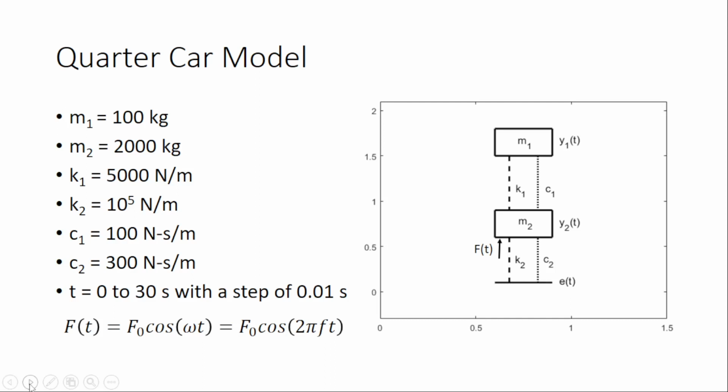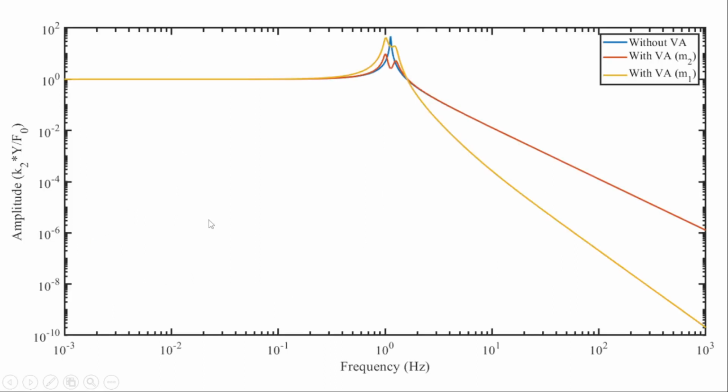Here I have tried to simulate using MATLAB how the amplitude of the oscillation of the masses m1 and m2 will change as we vary the frequency of the sinusoidal forcing. This graph shows the plot of amplitude versus frequency, on a log scale.